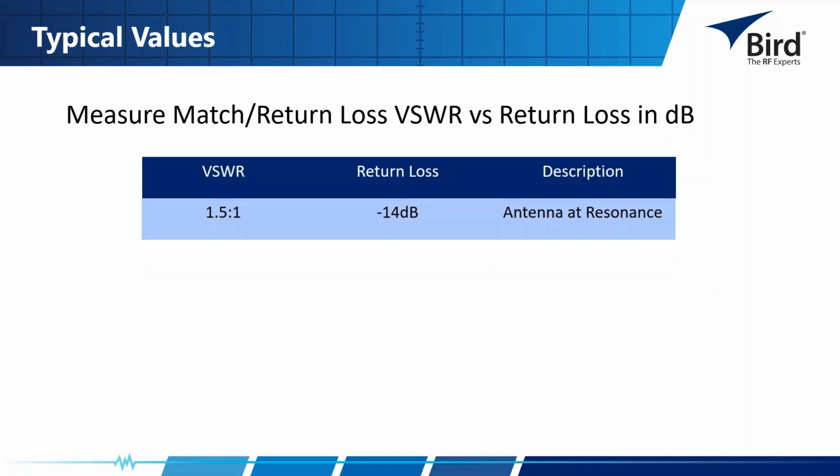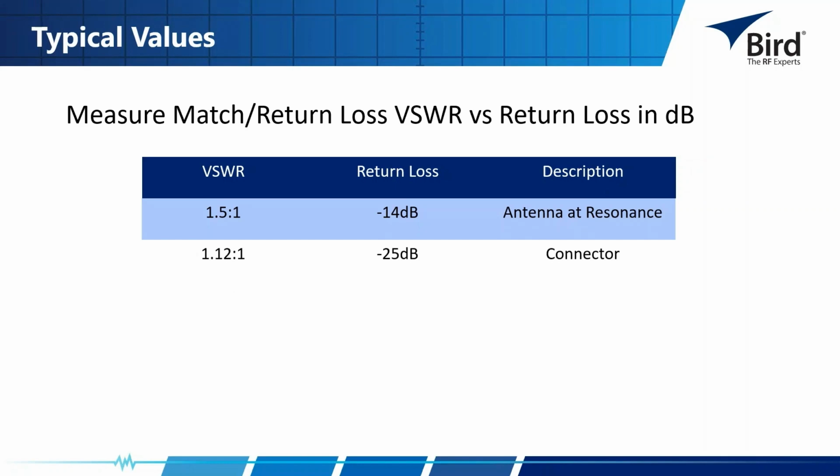I want to discuss a few typical values that we're going to see in a distance to fault measurement. These are very important, and it will become clearer when we discuss the actual sweeps what these values are for. An antenna at resonance typically will measure 1.5 to 1 on the VSWR scale, or negative 14 dB on the return loss scale.